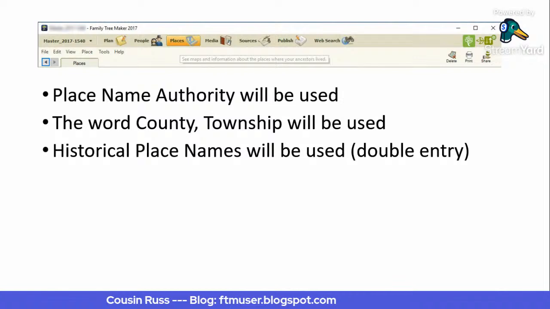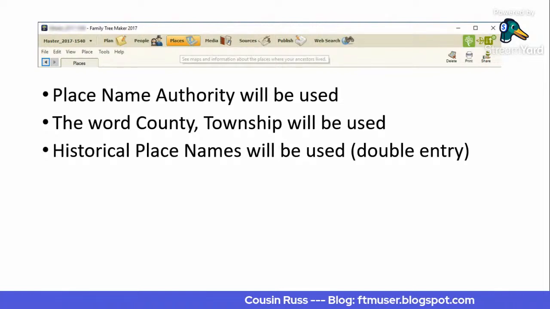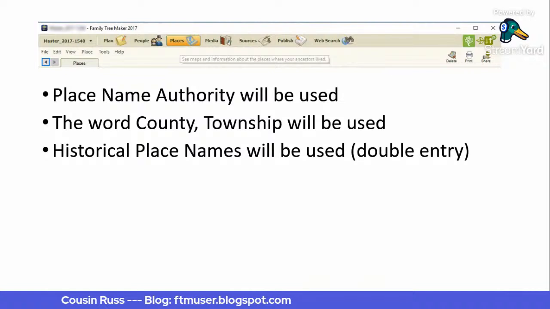I will see the current place name when it's on my Ancestry member tree. That will be private, so you will see the historical place name.